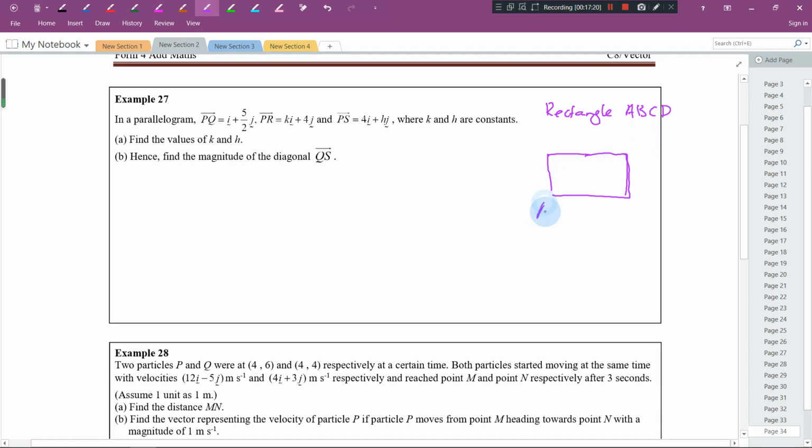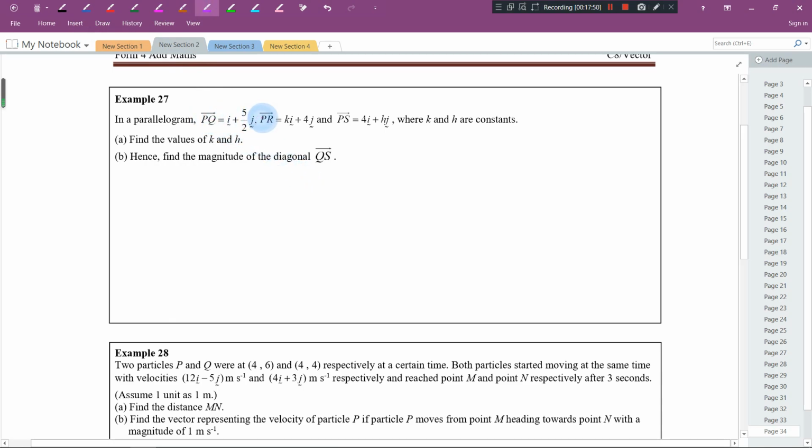You cannot label it this way, not correct. We must follow the sequence, clockwise or anti-clockwise. Same thing here.